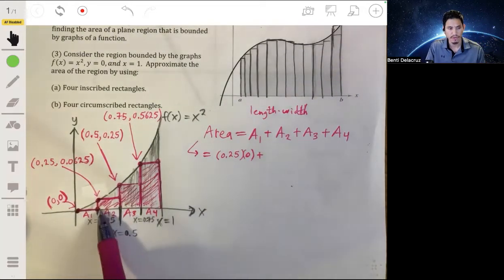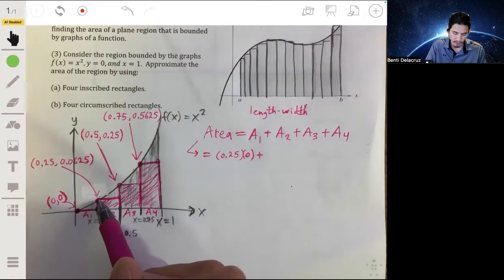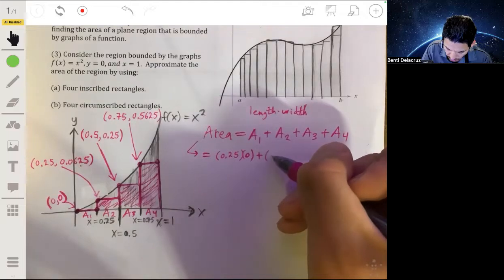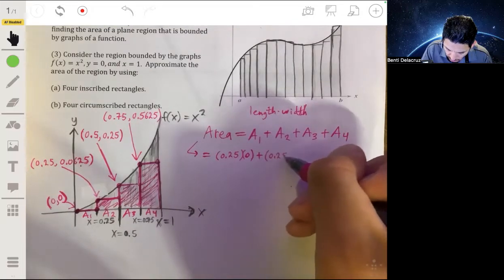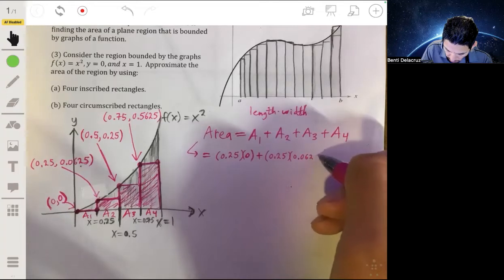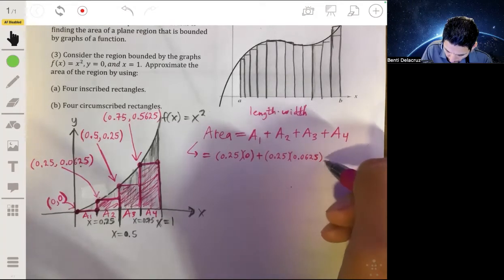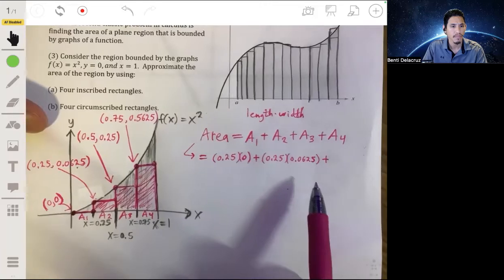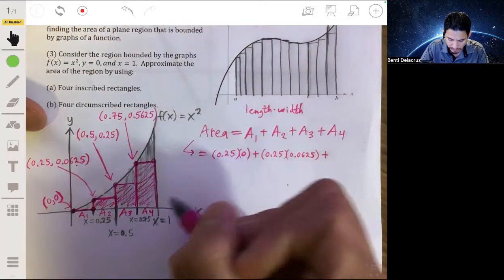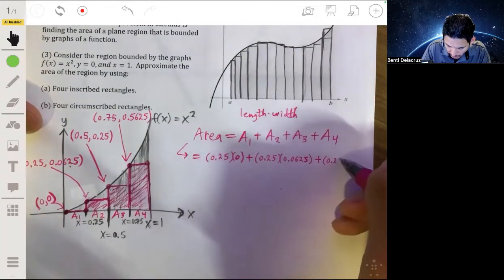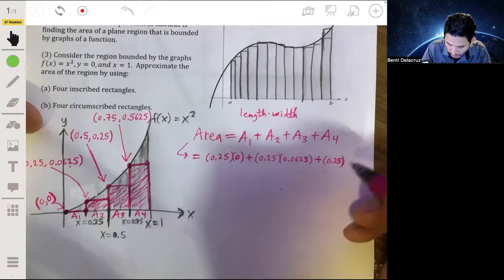A2 also has a width of 0.25, and the height is given by the y-coordinate of this point here, which is 0.0625. So the area of A2 would be 0.25 times 0.0625. A3 has a width of 0.25, and you probably figured out they all do since we divided this equally.